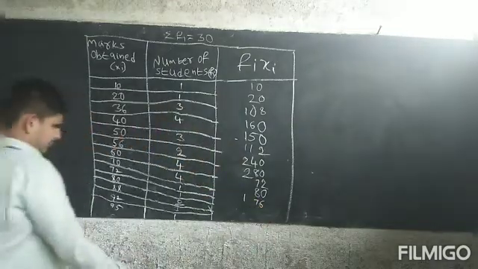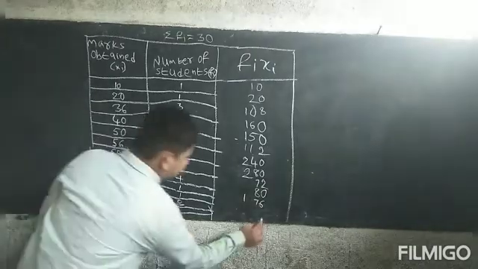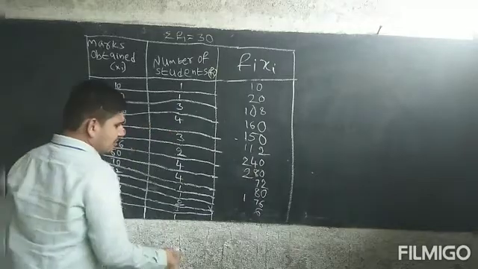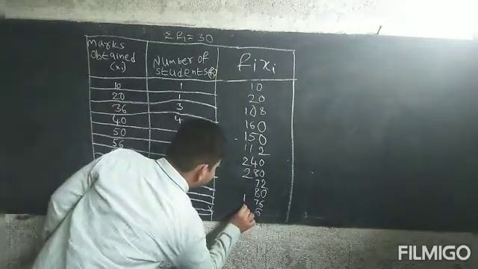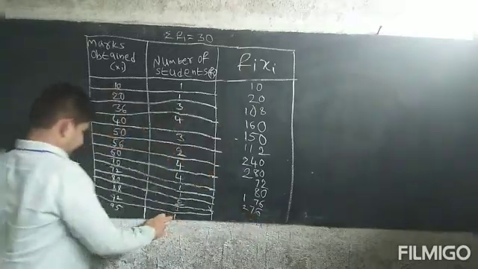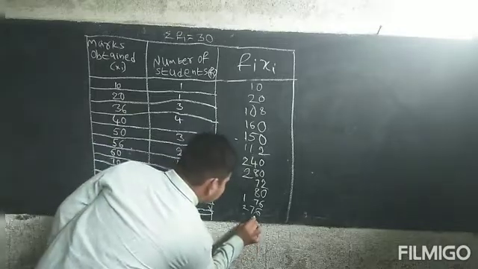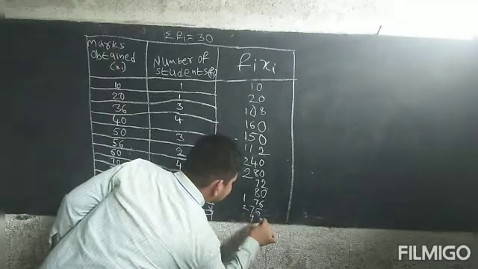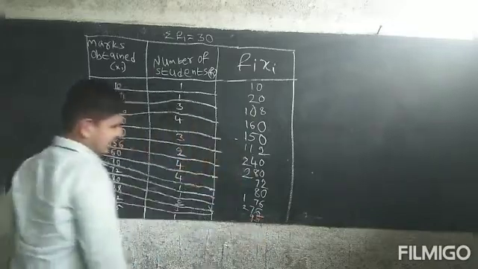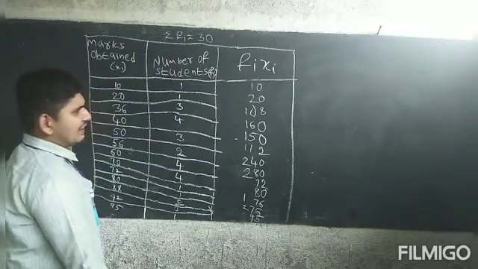Okay? Now 92 into 3, 276. Okay? 3 nines are 27. Now 1 into 95, 95. Okay? Now we got the products.